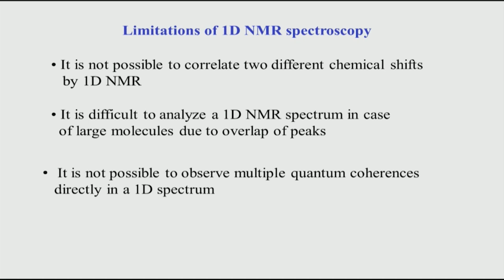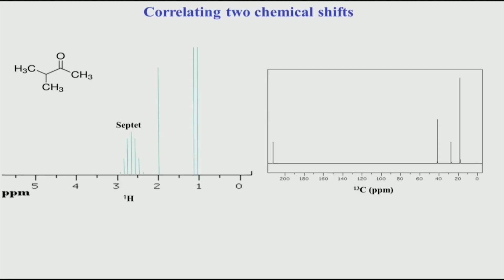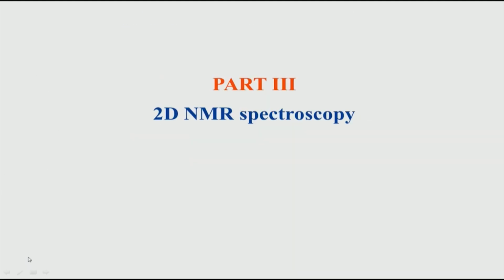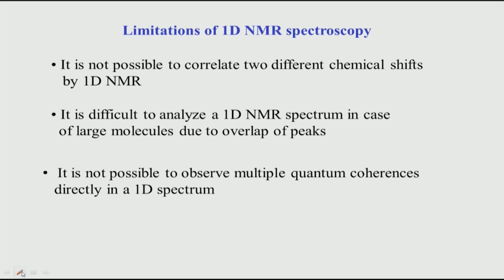So, let me illustrate this with a picture, we can look at a schematic drawing. For example, let us say I have a hypothetical molecule where I have a CH3 and a CH2 somewhere in the molecule, and somewhere down the molecule, I have another CH2 and another CH3.